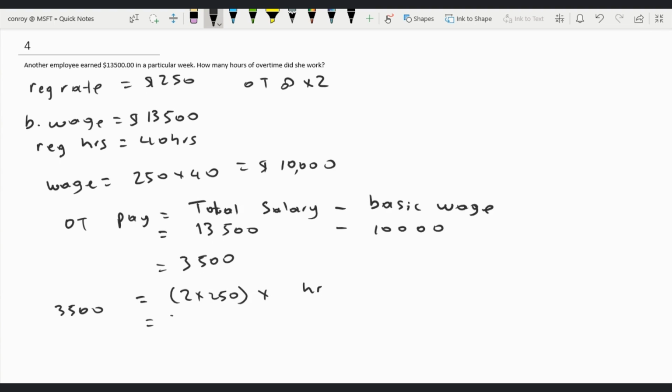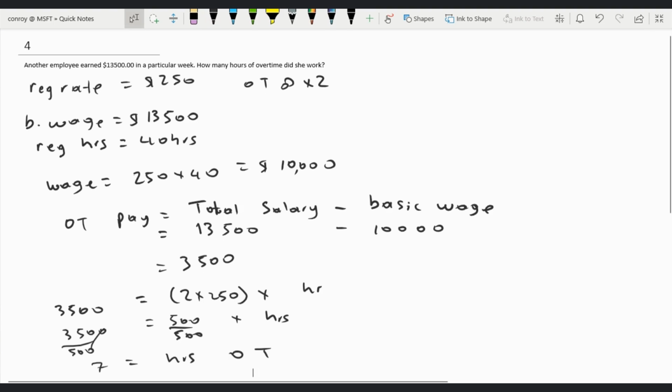All right, so we have 2 times 250 gives us 500, and we have this 3,500 equal to 500 times the hours worked. Divide both sides to tell us the number of hours the employee worked. Realize that we get 7 hours in overtime. So the employee worked 7 hours in overtime and the 40 hours for regular.